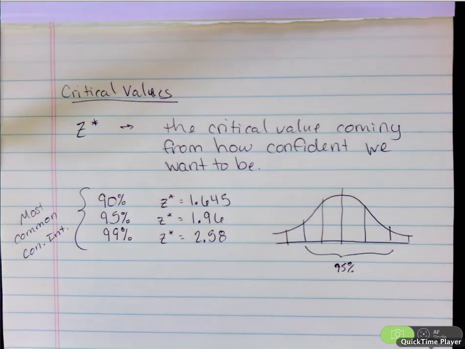That's pretty common. When we're using different ones, we have to specify how many standard errors we are away, based on the samples that we have, and hopefully then that interval will capture our true proportion.